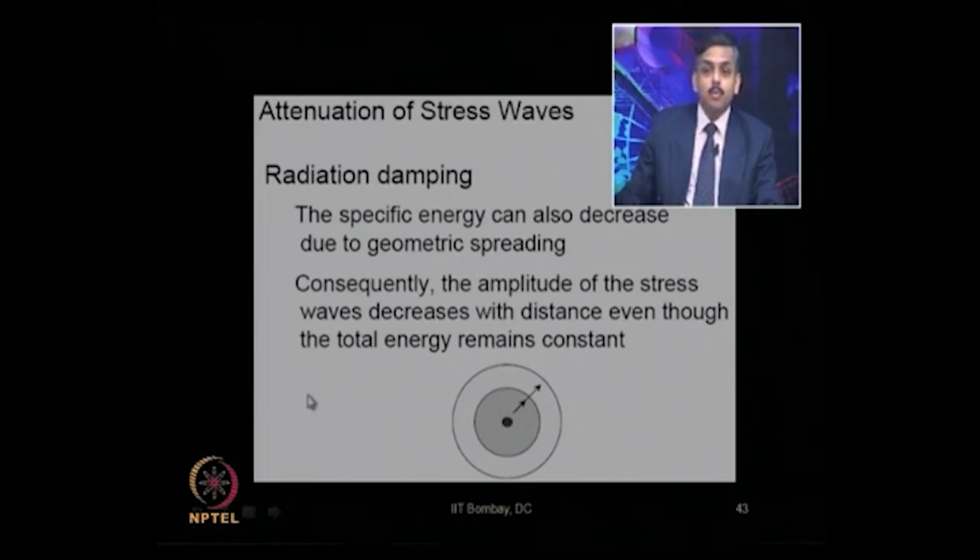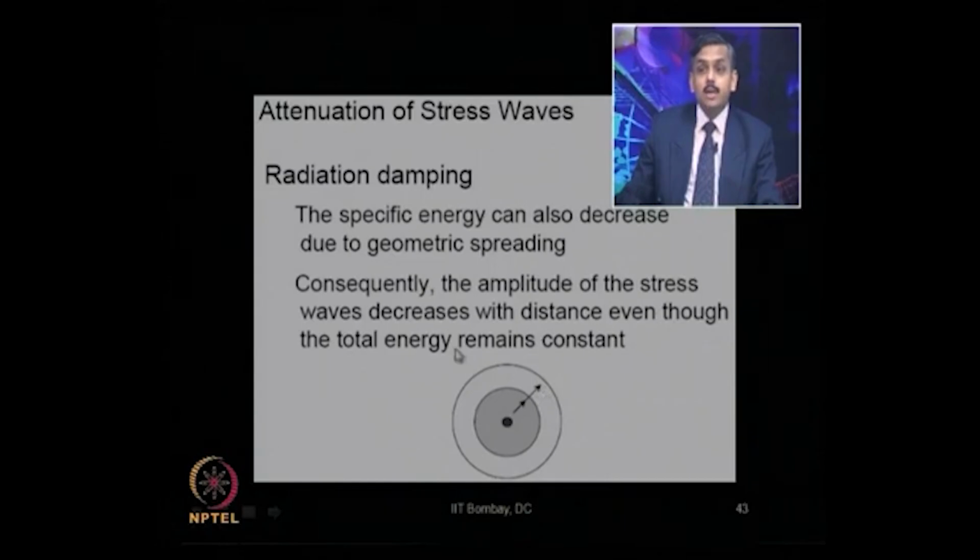So, the previous one was the material property related issue, or the viscous property of the material, and this next one is related to the distance. The distance-related part will remain the same.